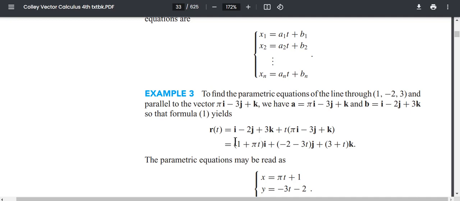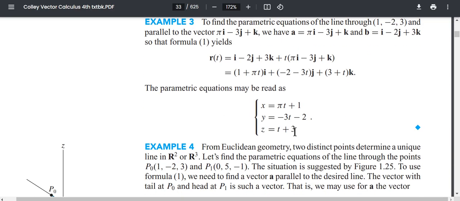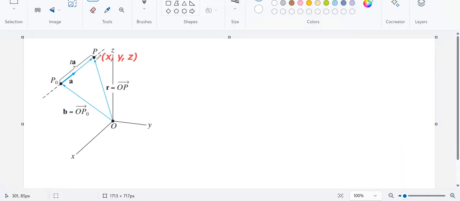And then we just equate the left-hand side coefficients of i, j, and k with the right-hand side coefficients of i, j, and k. We get x equals this, y equals this, and z equals this. Remember again that we're calling the arbitrary point P, and we're talking about the coordinates as x, y, and z instead of putting an x0 there.